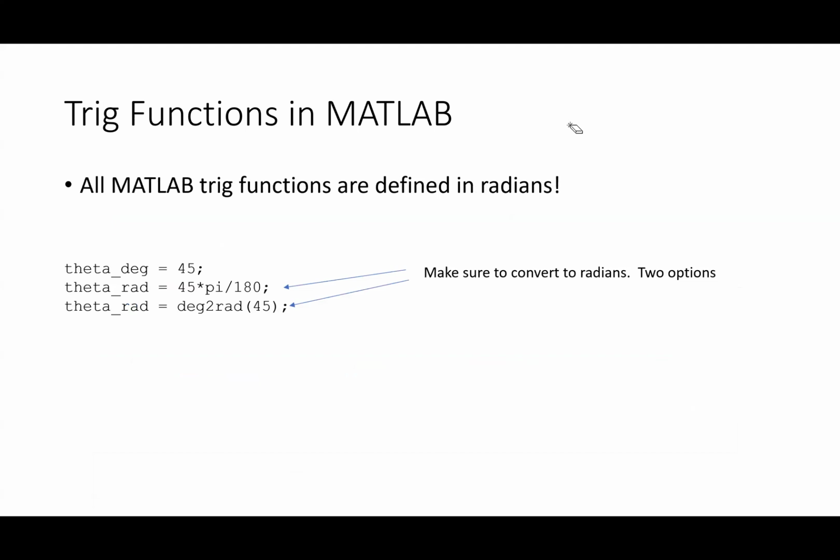A couple of things, like I said: all MATLAB trig functions are defined in radians. Part of the reason I make this point is that the exponential, e to the whatever, is a trig function. We're going to explore why that is next week, but the exponential function is also a trig function. So you remember that. What I put here is basically two ways that I could go from degrees to radians. People will spend an hour trying to find the function to go from degrees to radians, when you know that I just need to multiply by pi over 180.